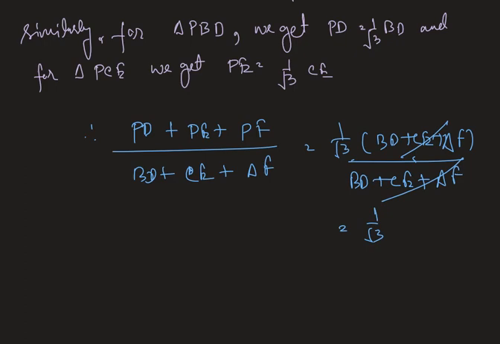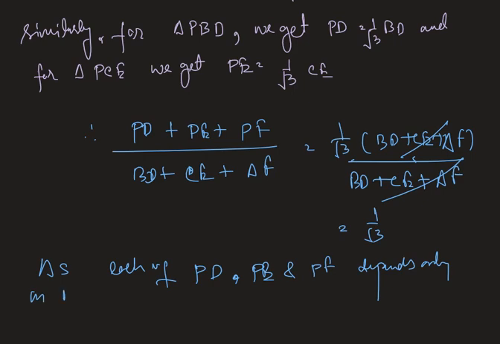And as each of these PD, PF and PE can be represented with respect to BD, CE and AF respectively, so the specified ratio doesn't depend upon the choice of the point P, as each of PD, PE and PF depends only on BD, CE and AF.